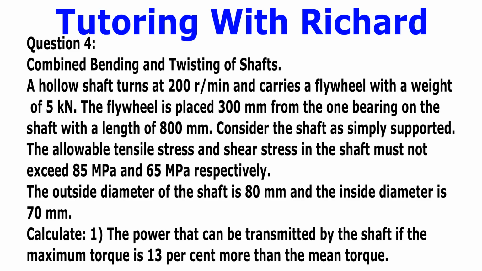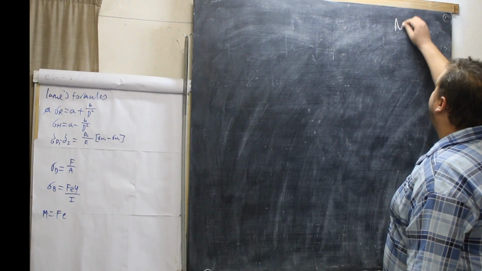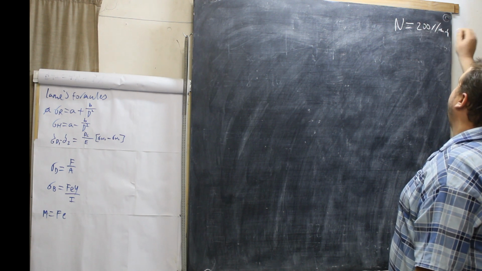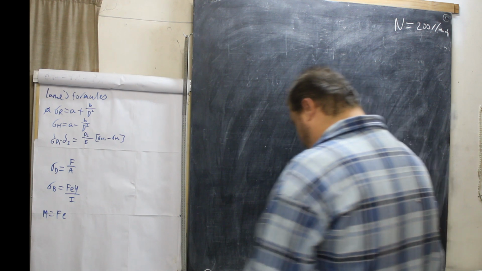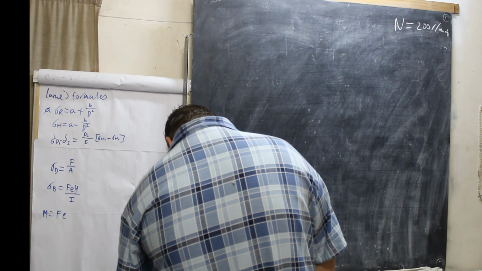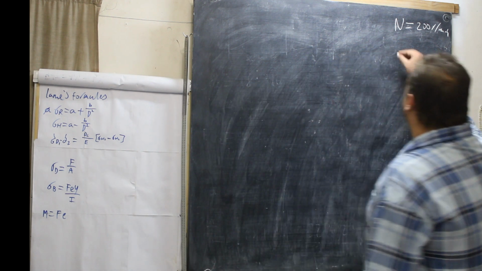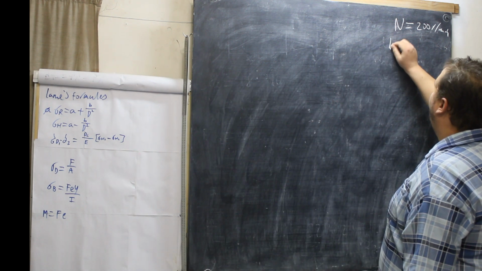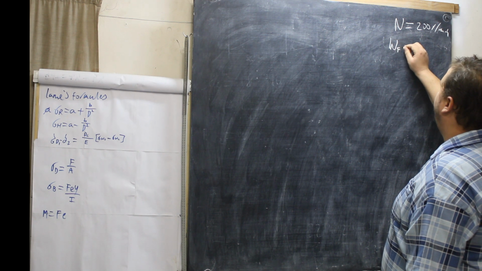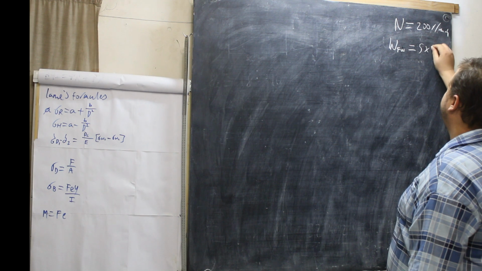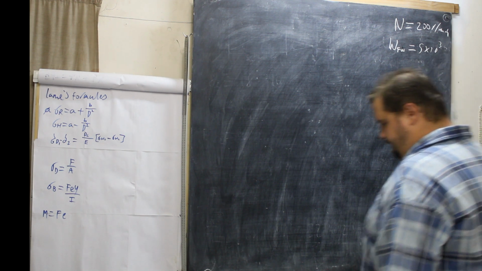The question starts thus. A hollow shaft turns at 200 revolutions a minute, so N is equal to 200 RPM, and carries a flywheel with a weight of 5 kilonewtons. So the weight of the flywheel is equal to 5 times 10 to the 3.